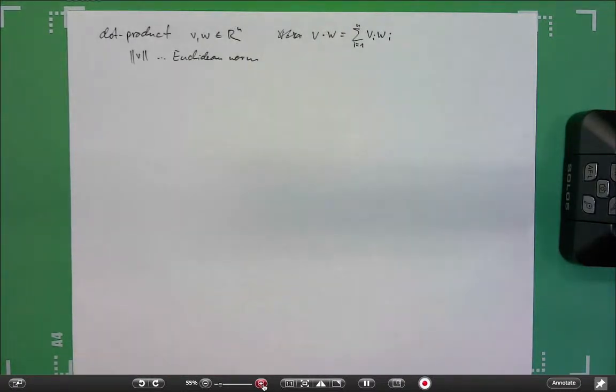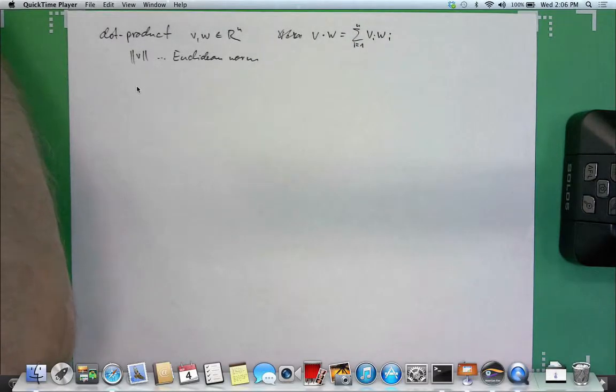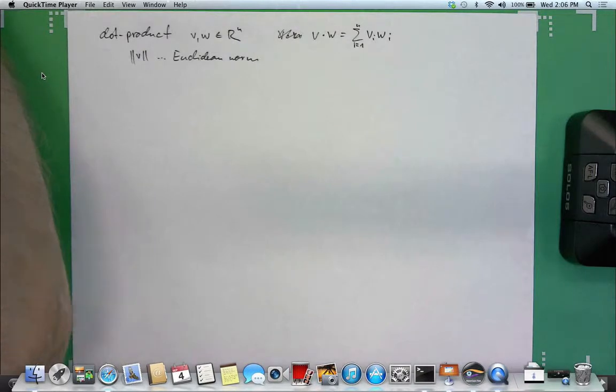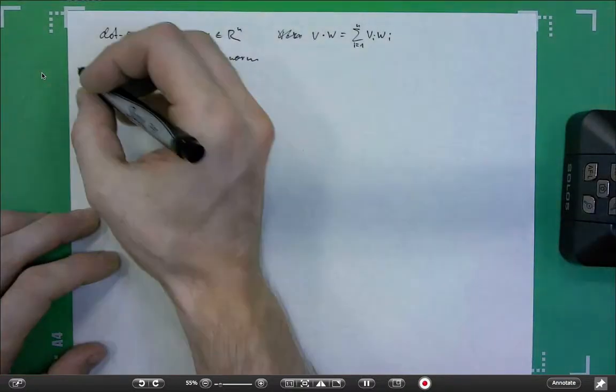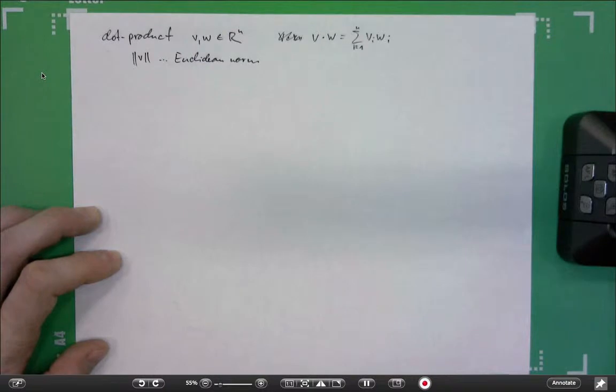Then the last time we had some also basic but less trivial, less obvious things. So some less obvious properties of the dot product. One of them was the Cauchy-Schwarz or Cauchy-Schwarz-Bunyakovsky inequality.